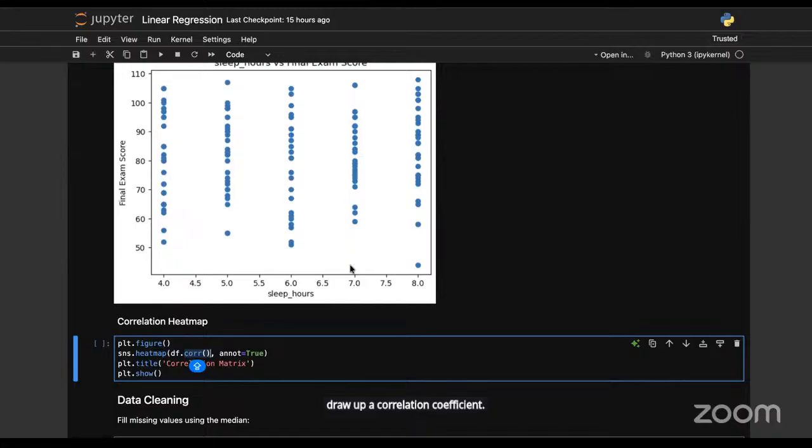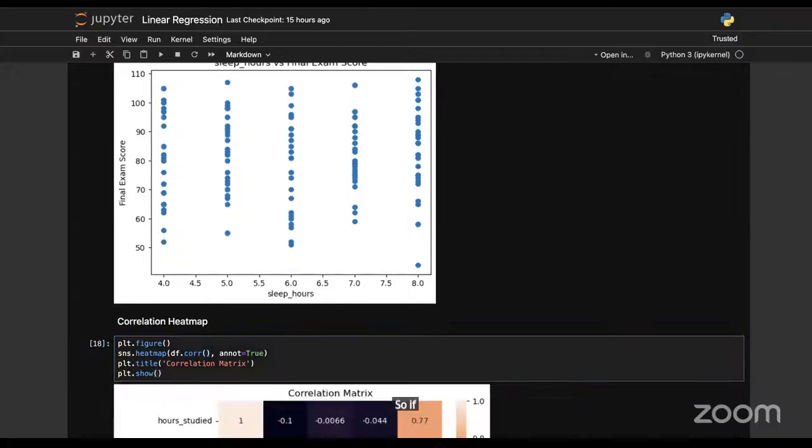The heat map basically shows us how strong the correlation is. So it's still a Pearson's correlation. We're basically showing a heat map to show the strength of the correlation. You'll see once I run it, and I hope it makes sense.